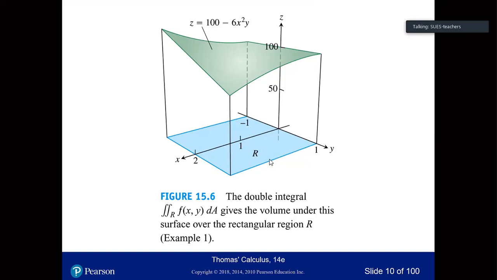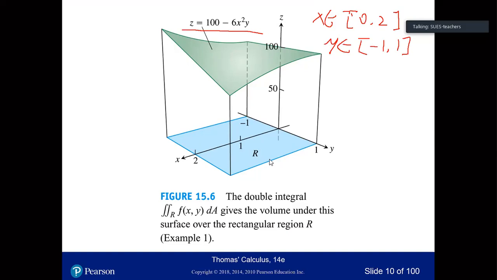We know that z is equal to 100 minus 6 times x squared times y, and the region of x is from 0 to 2, and the region of y is from -1 to 1, right? This is the domain of f(x,y).